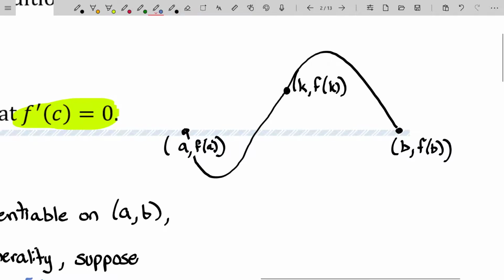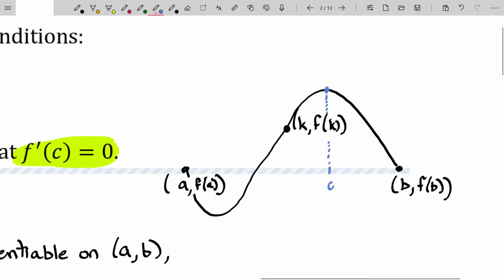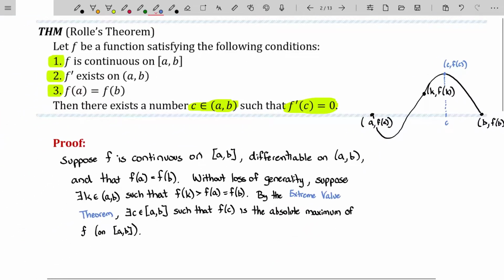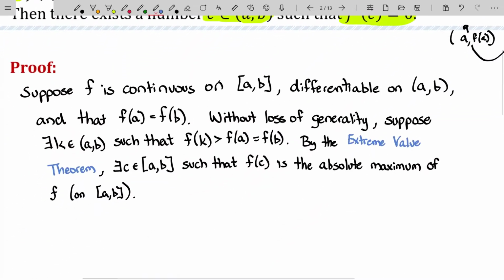Now, play along with me for the moment, I am saying that absolute maximum does not occur at the endpoints, and we'll get to that in a moment. But there is some point which is the absolute maximum on the closed interval from a to b. Right there.